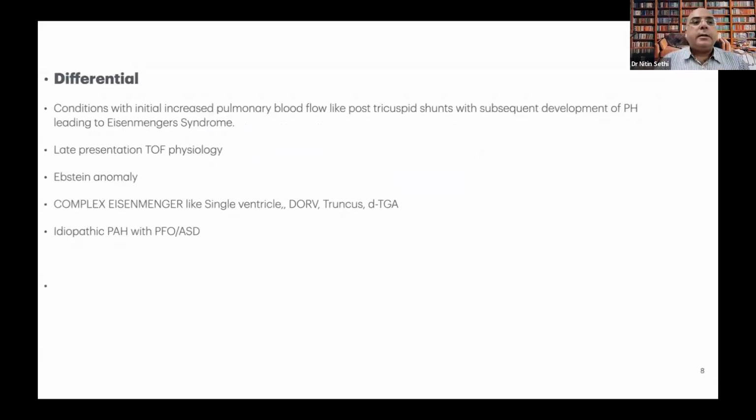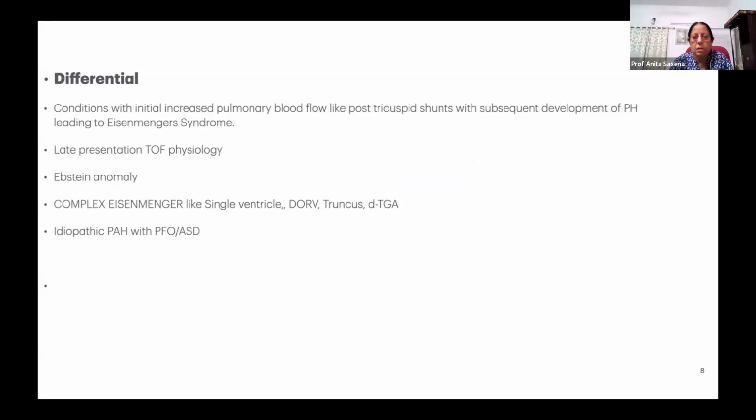So, ma'am, based on the history, my differential, as I've already discussed, first would be the conditions with initial increased pulmonary blood flow like post-tricuspid shunts with subsequent development of PH leading to Eisenmenger syndrome. Second, I would like to keep the late presentation of a TOF physiology situation.